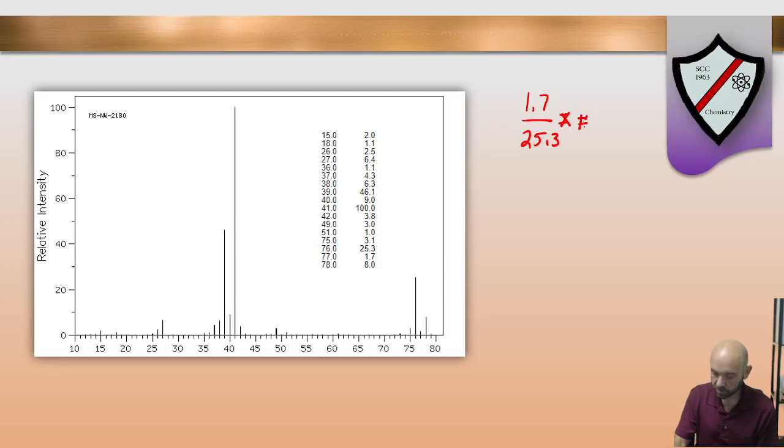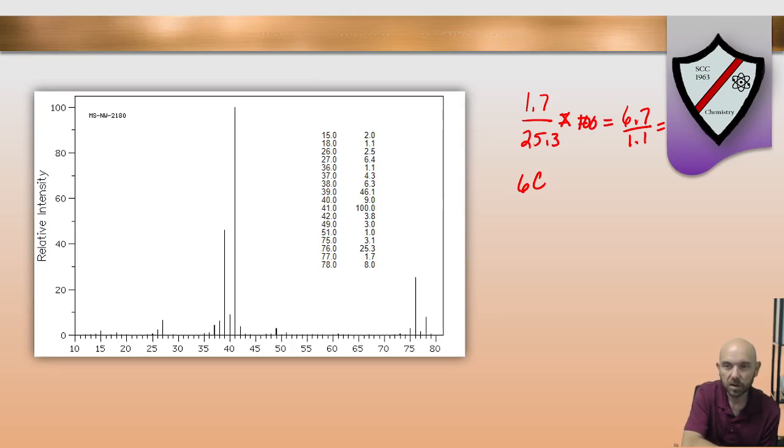Can't forget that part. 1.7 divided by 25.3 times 100 is about 6.7%. So about 6.7% of our molecules have a mass of 77. And if we divide that by 1.1, it tells us that approximately 6 carbons would be in our molecule.